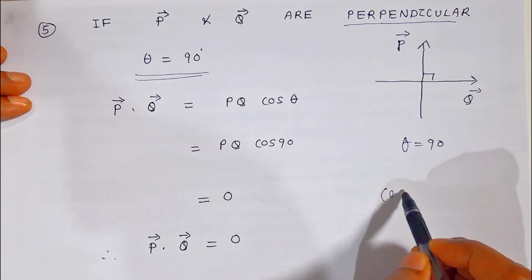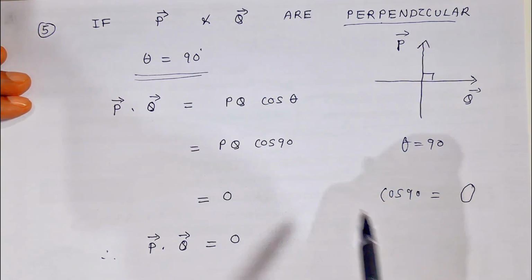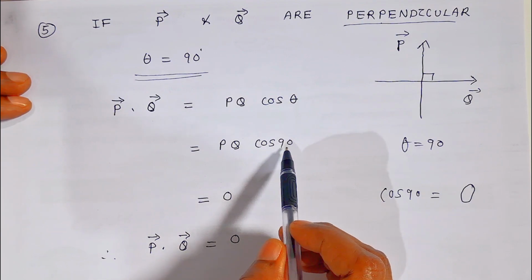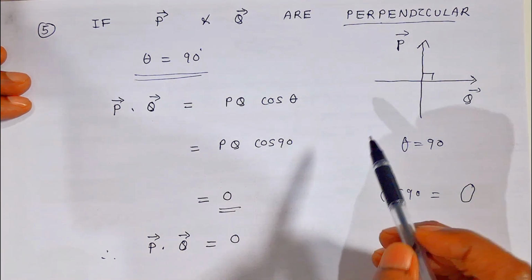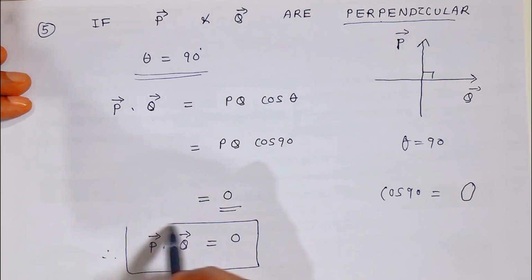What is cos 90, students? Cos 90 is always 0. So pq into cos 90 is equal to 0. If vectors are perpendicular, their dot product is always 0. This is the fifth property, students.